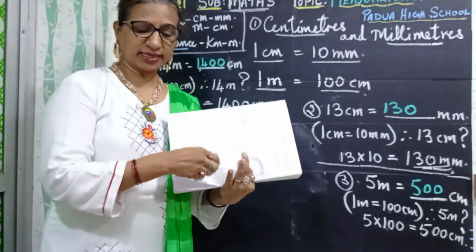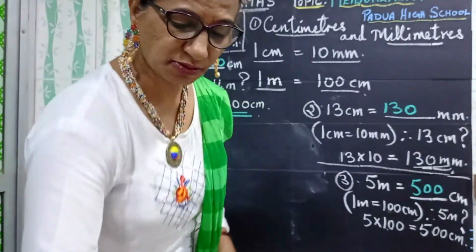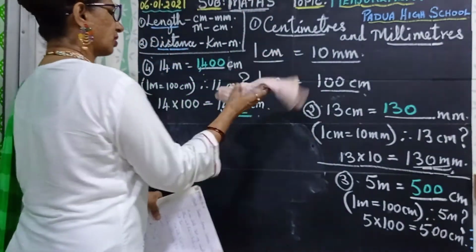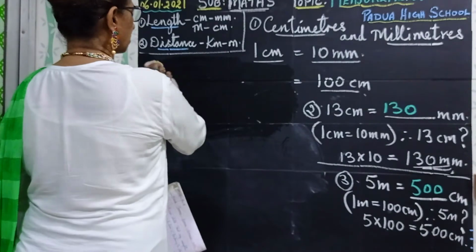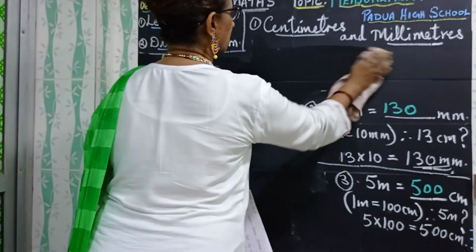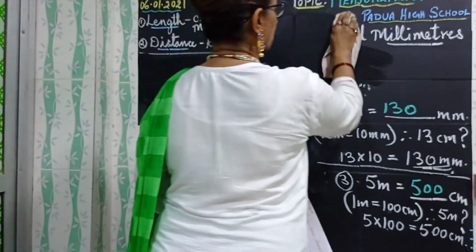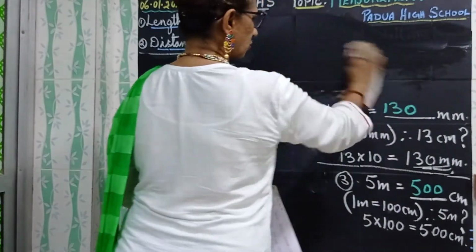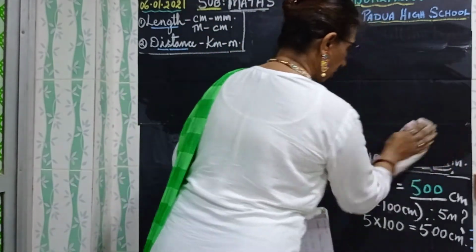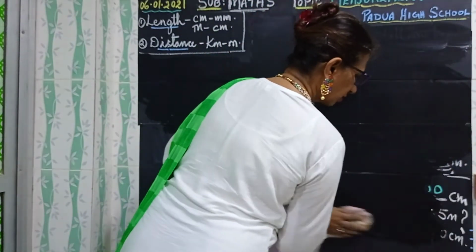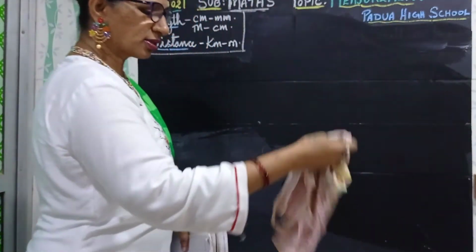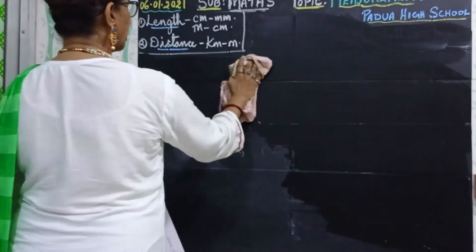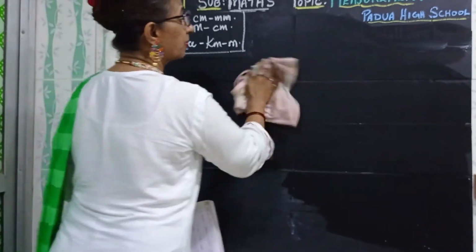Okay. Now the second exercise that we have to do here, children, is the fill in the blanks. So I'll clean the board first. So again repeat. 1 meter is equal to 100 centimeters. And 1 centimeter is equal to 10 millimeters.